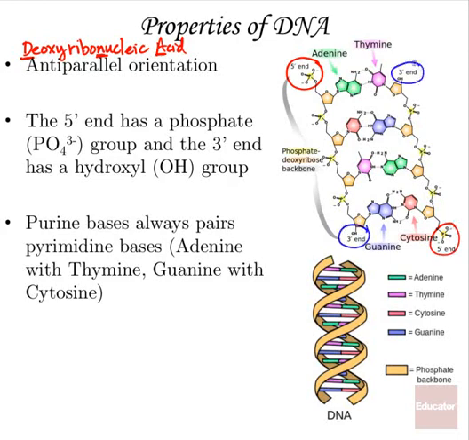And when it is in a double helical form, you have one strand, if we're just going to read this from top to bottom, going 5' to 3'. And it is bound to its complementary strand in the opposite or anti-parallel orientation, with 5' going up to the top of the page to the 3' hydroxyl end.